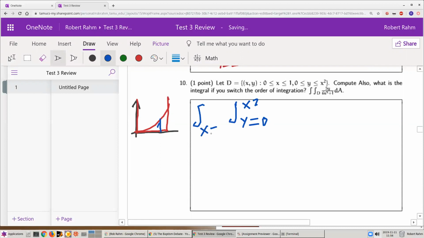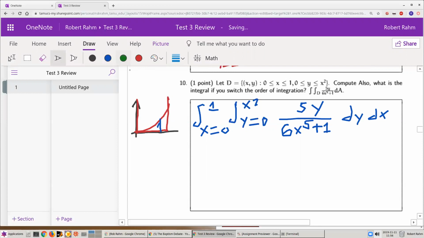So this is x equal to 0 to 1, and we're going to integrate the function 5y divided by 6x to the power of 5 plus 1, and then it's going to be dy dx. That's if we do the y integral on the inside.